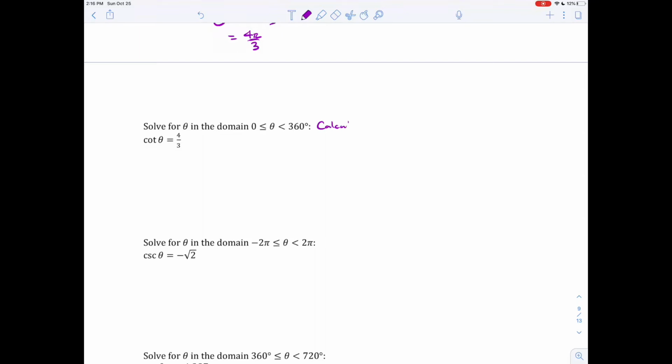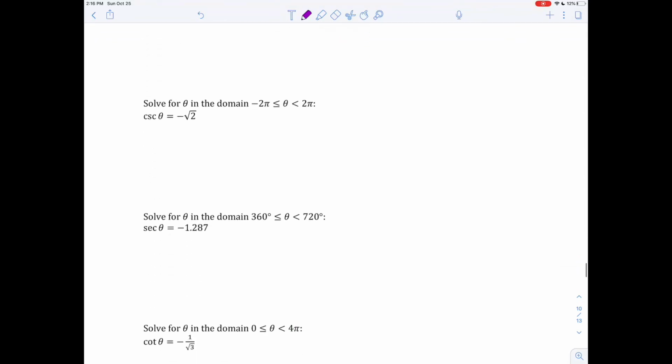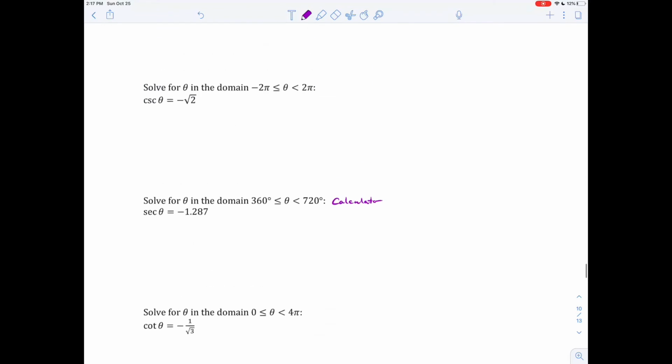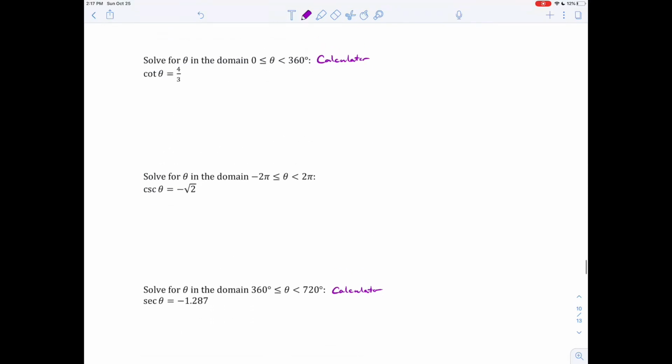So this is a calculator one. Next one is not. This one is. That one's not. Okay. Honestly, I dare you to try them real quick while I try and locate my calculator. JK, found it.